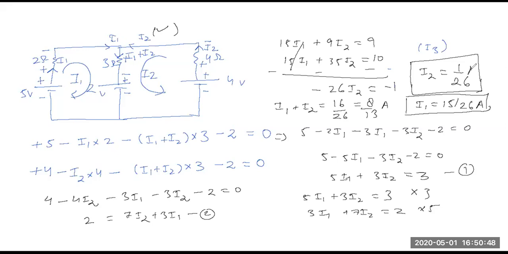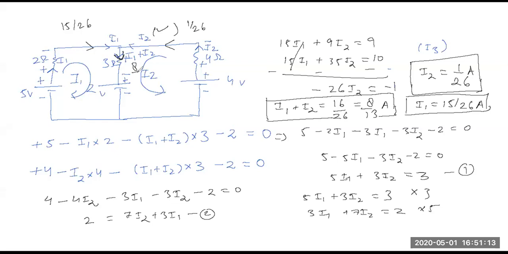नहीं आया. अरे यार. नहीं आया क्या तुम्हें? What's the current in this branch? I2, which is 1 by 26. What's the current in this branch? It is I1, that is 15 by 26. What's the current in this branch?